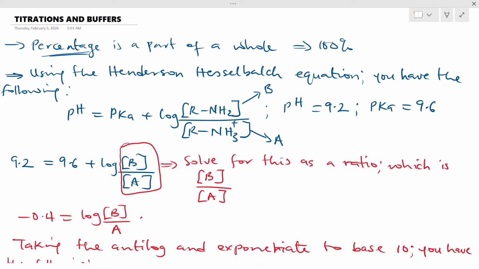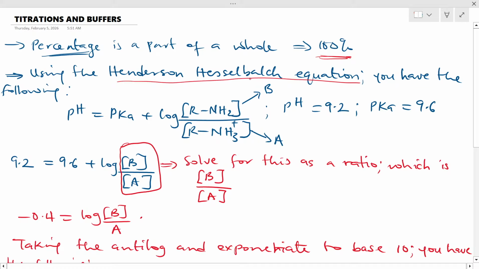Now, because they are asking you of what percentage, you clearly know that percentage is a part of a whole, and the whole is what? 100%. So if we use the Henderson-Hasselbalch equation as indicated, you will clearly bring out the Henderson-Hasselbalch equation in this scenario, which is right here.